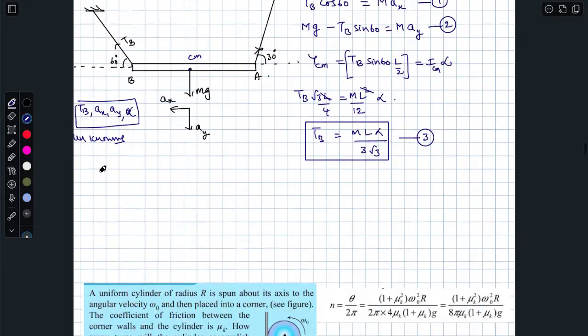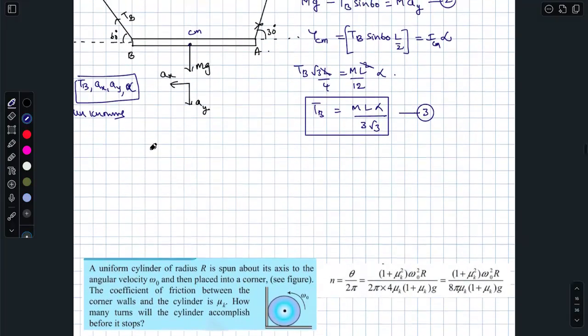What is that equation? Again, the same concept. At B, this is the string, which makes an angle of 60 degrees. You have ax here. You have ay here. You have L by 2 alpha up.